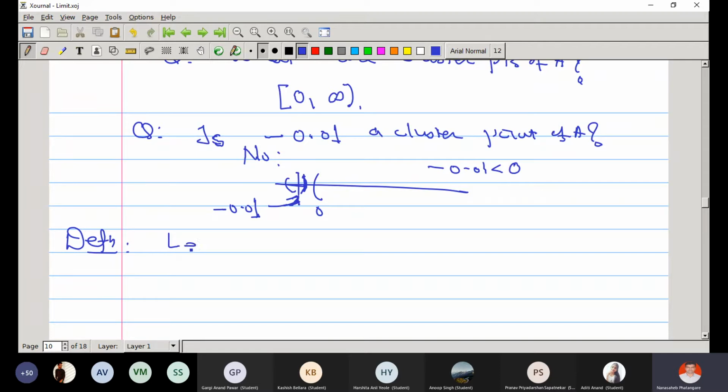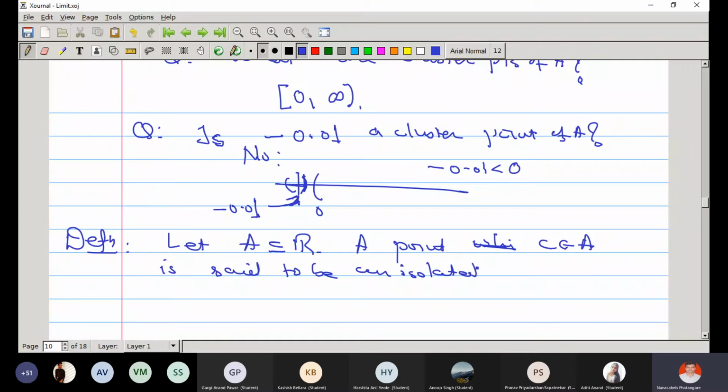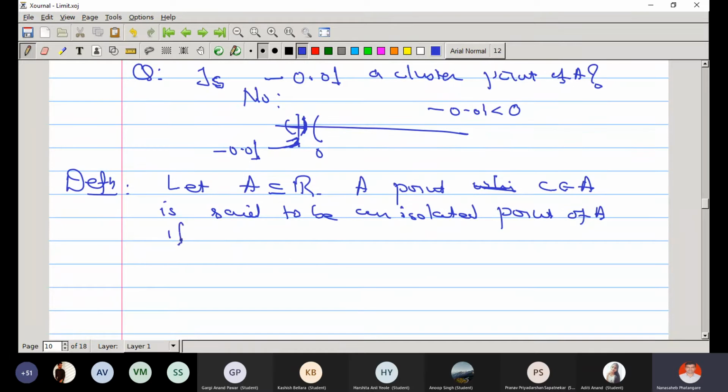Okay, and therefore I can make a definition. Let A be a subset of R. A point c belonging to A is said to be an isolated point of A if it is not a cluster point of A, right?